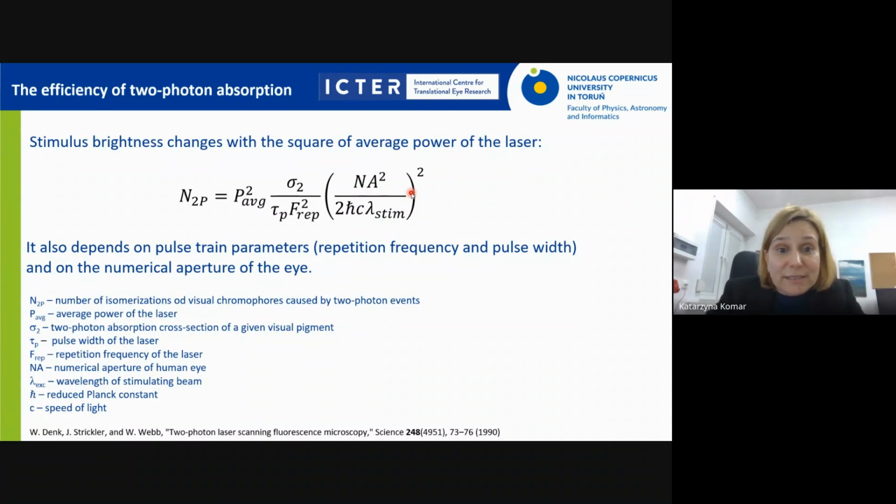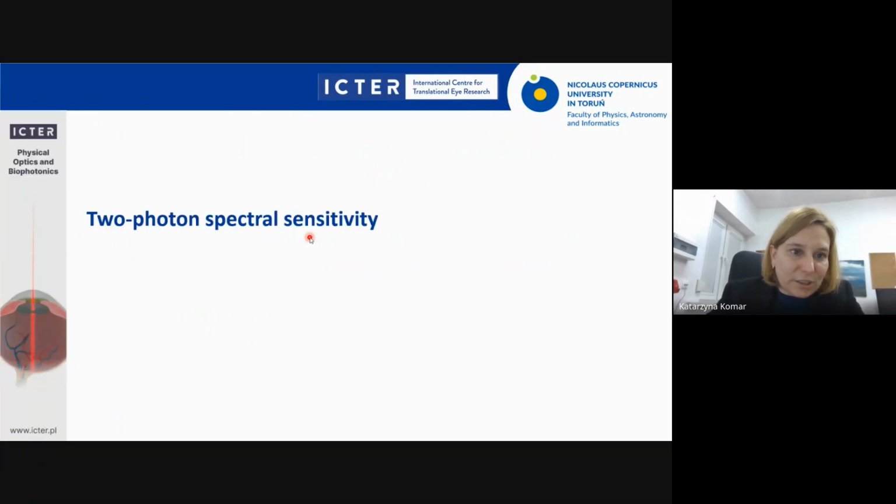You cannot have well-focused light at the retina level, even when you are using the full numerical aperture of the eye, which is 0.23. So to modify the perception of two-photon vision, you could also play with the optical aberration to increase the practical numerical aperture of the system. However, these two things will not be the subject of my lecture today.